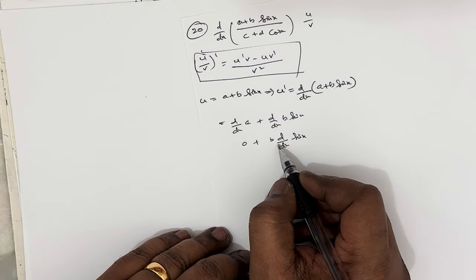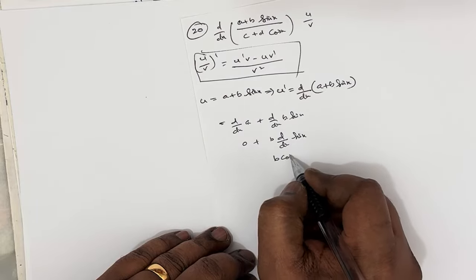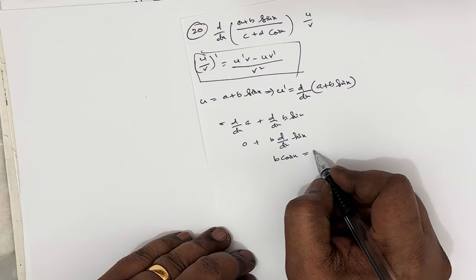So this is 0, and this will be b, the derivative of sin x is cos x, so it will be b cos x. This is u dash.